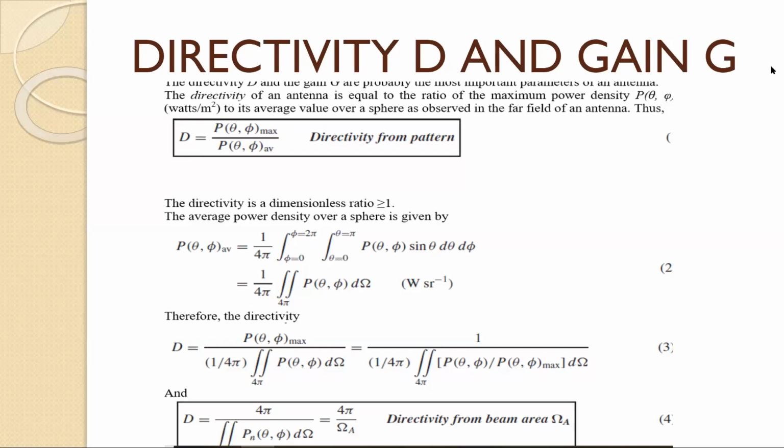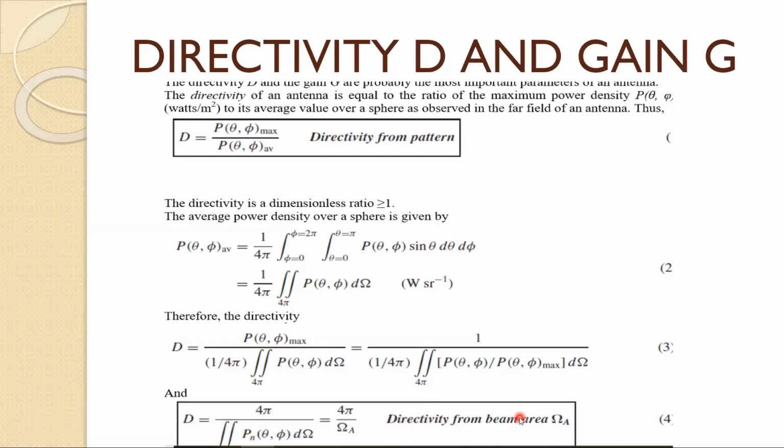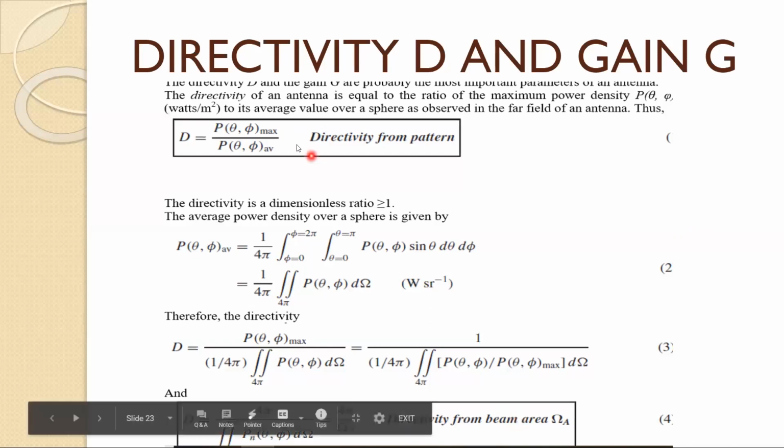So look once here. Directivity equal to, what is the directivity equal to? 4 pi by omega, a very popular design equation for our problems.